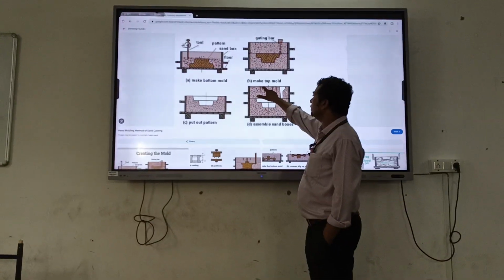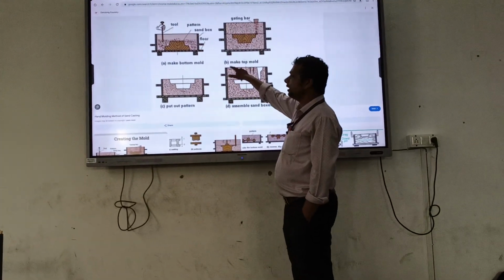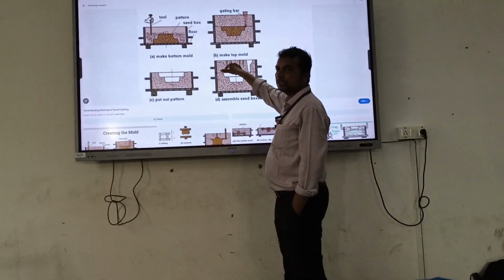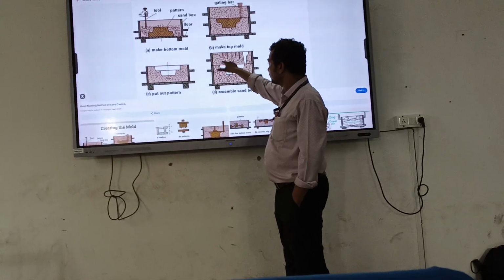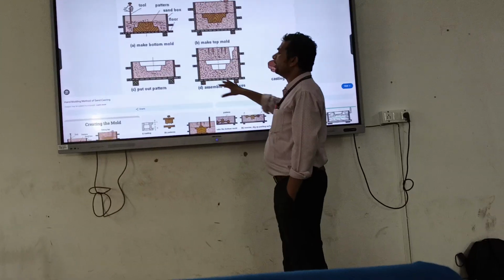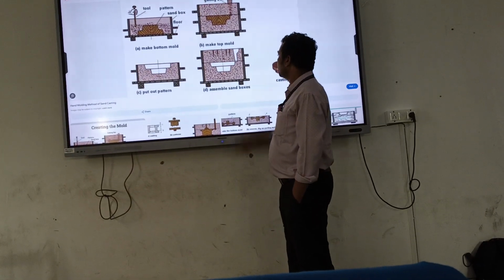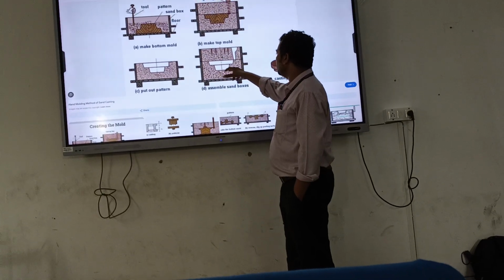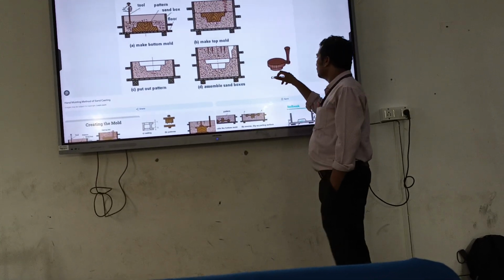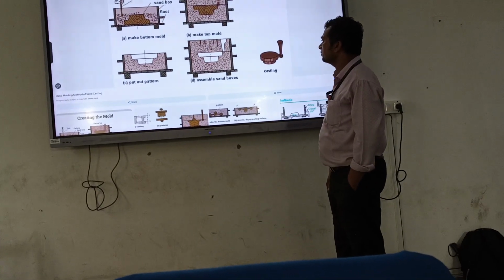Here the riser will be located. Molten metal we can also see in the status. In this way, the sand mold is completed, and after pouring molten metal, we will get a casting as shown in this diagram.